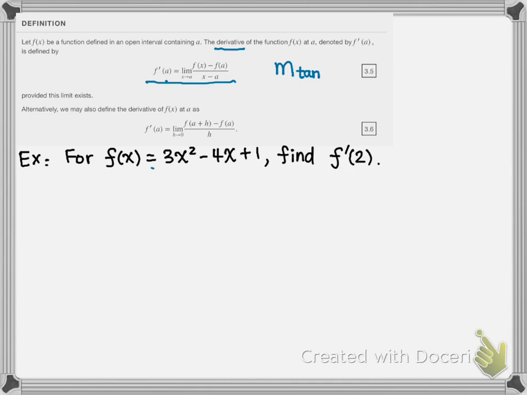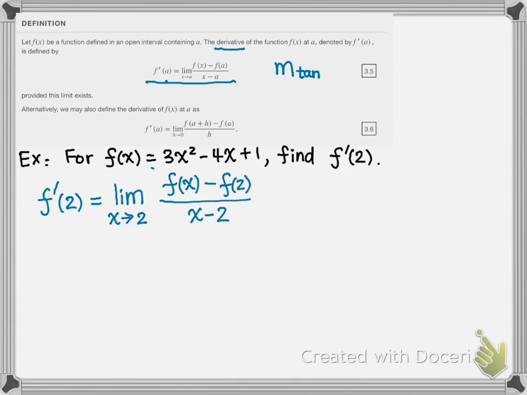So now let's take a look at our function, 3x squared minus 4x plus 1. We want to find f prime of 2. So we use the definition: f prime of 2 equals the limit as x approaches a, which is 2 in this case, of f of x minus f of 2 divided by x minus 2. Now you plug in the function.